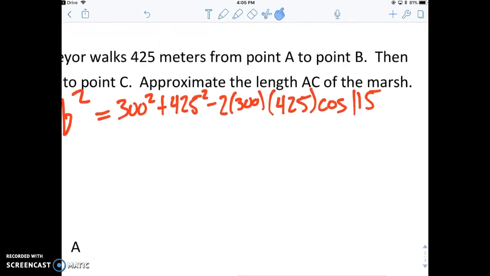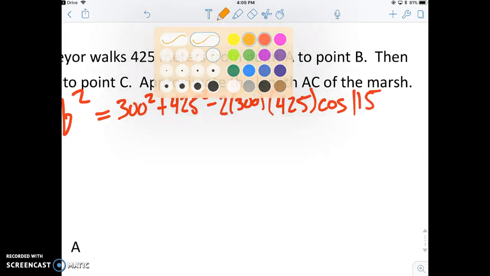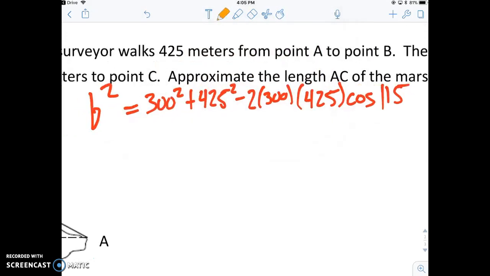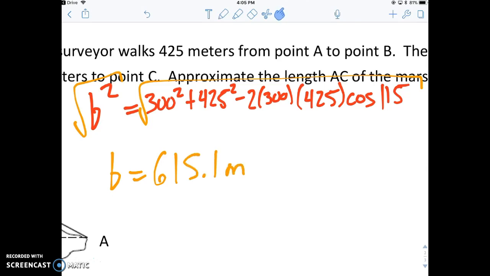And then again we can square root both sides. So B will equal about 615.1 meters, it looks like.